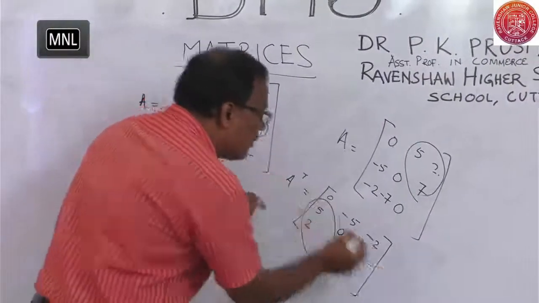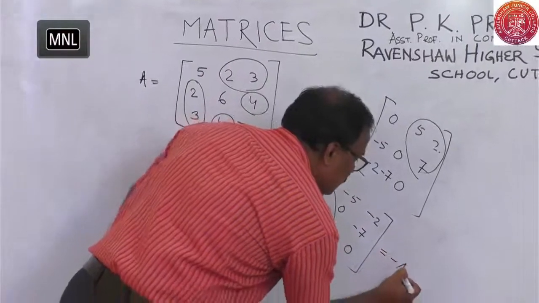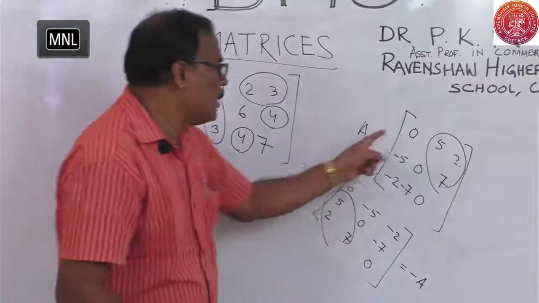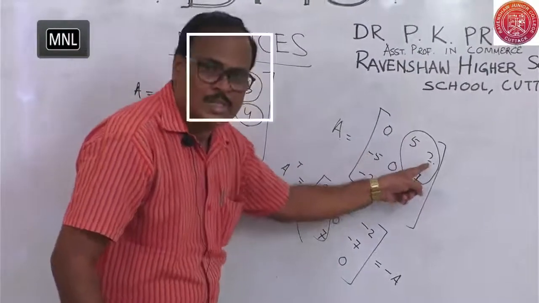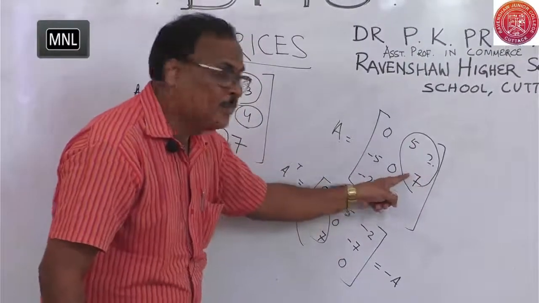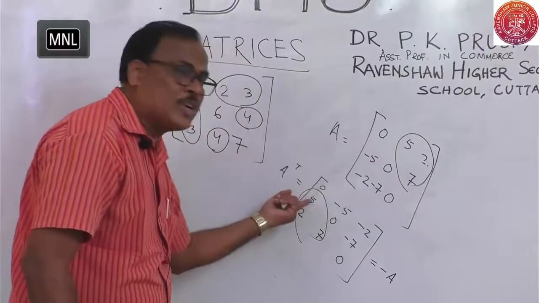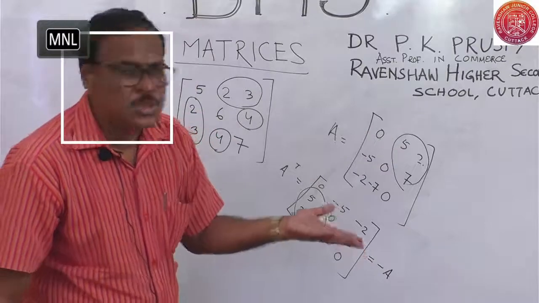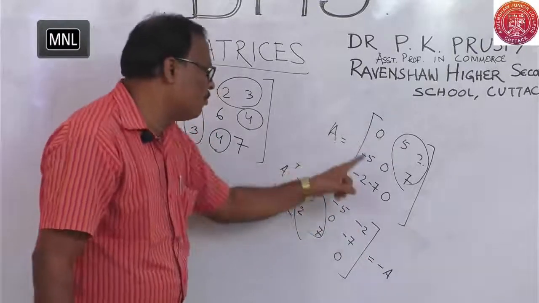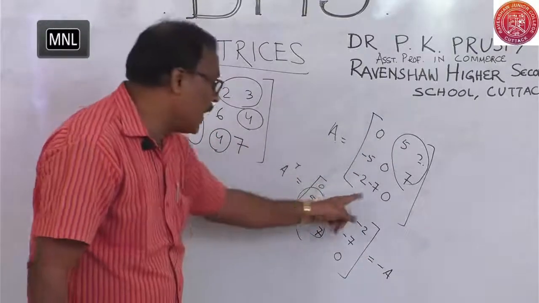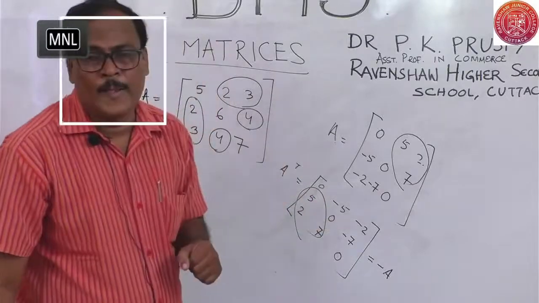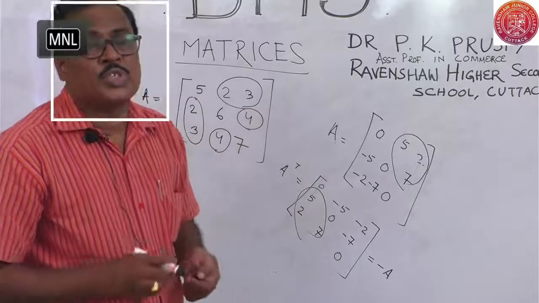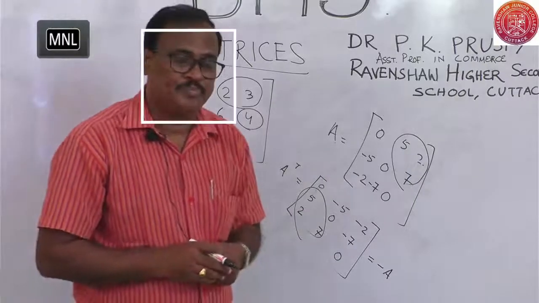So this value is equal to -A, because this is your minus sign, this is your minus sign, then this minus is converted into positive. This minus is also converted positive. So minus 5 converted into 5, minus 2 converted into 2, minus 7 is converted into 7. So this is called a skew symmetric matrix.